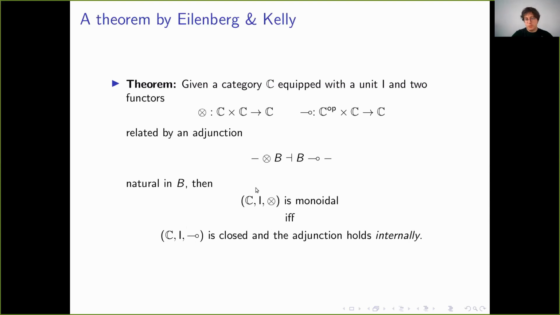So, as I said before, in the presence of such an adjunction the monoidal structure completely characterizes the closed structure. But if you want to characterize the monoidal structure from the closed structure, then there is this additional requirement of the internal adjunction. What does it mean?